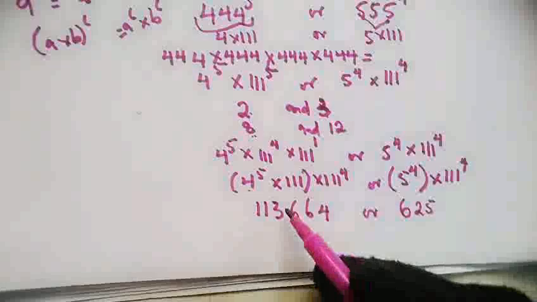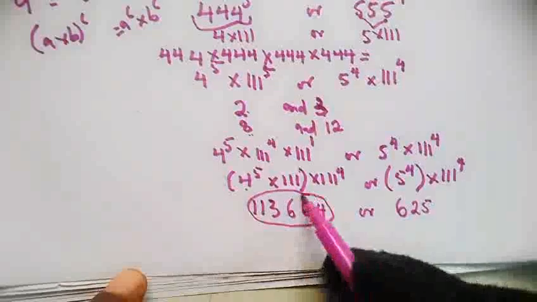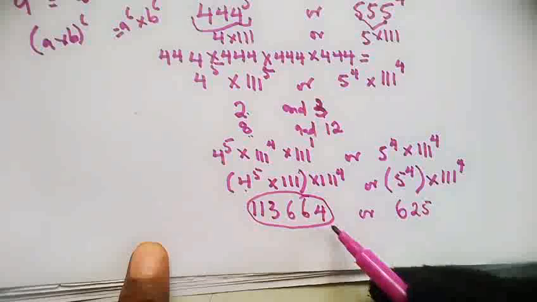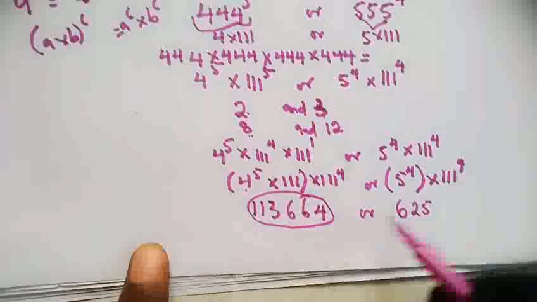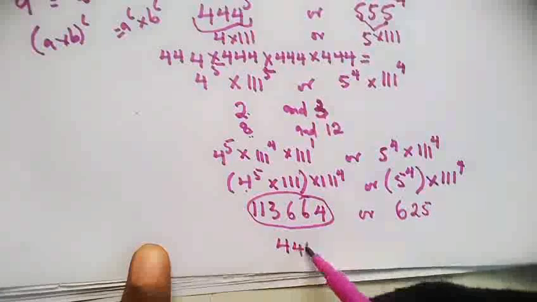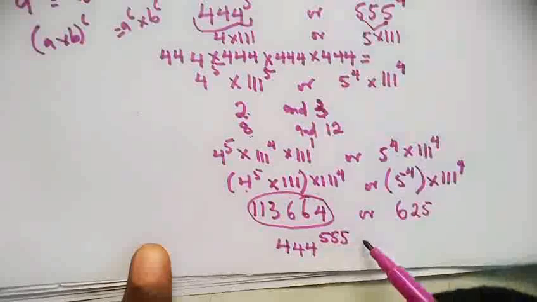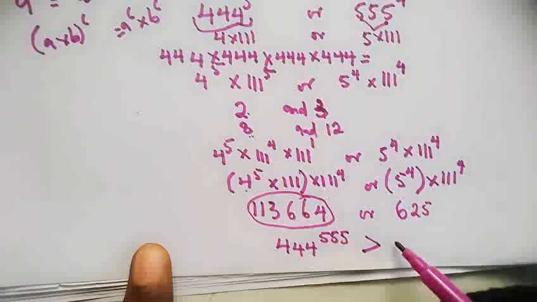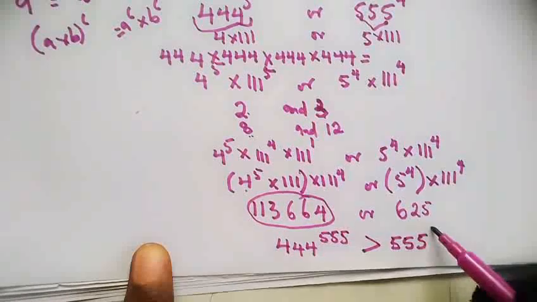So we can see that this number here is very large, which is more than this 625, so it's larger than 625. Therefore with this we are going to say that 4 raised to power 555 is larger than 5 raised to power 444.